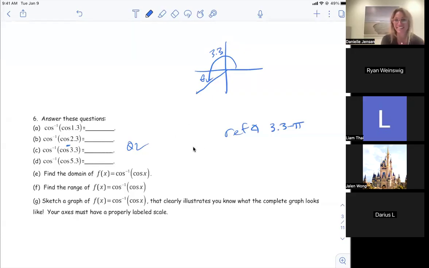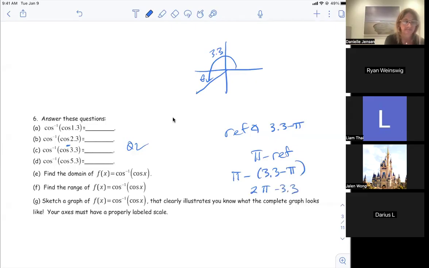Are you with me, Ryan? Yeah. Okay, so then remember to get a quadrant two angle, it's always pi minus that reference angle. So I can do pi minus this 3.3 minus pi, which is going to give me 2 pi minus 3.3.